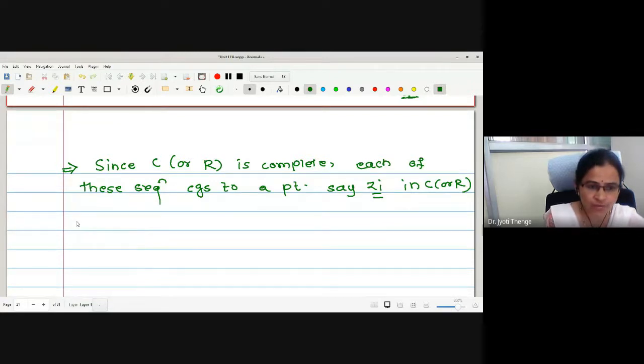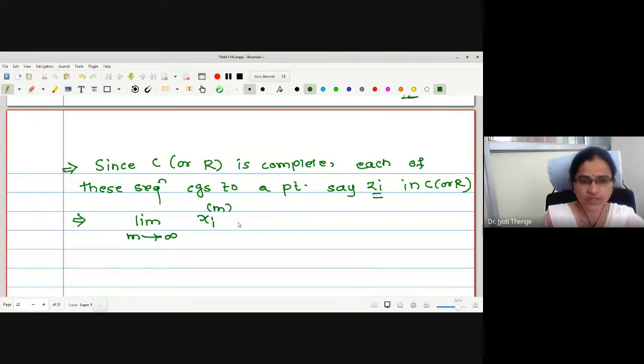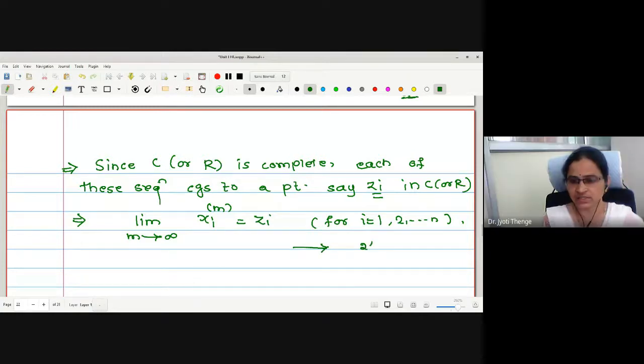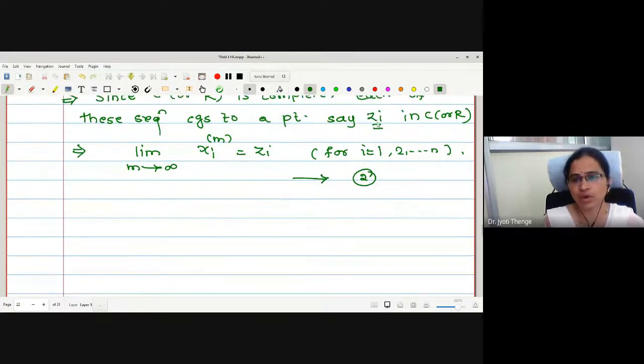Therefore, this implies limit as m tends to infinity of xim is equal to zi for i equal to 1 to n. How many coordinates do we have? n coordinates. Right? Let me write this as statement number 2. Or one can write this as xim converges to zi as m tends to infinity.